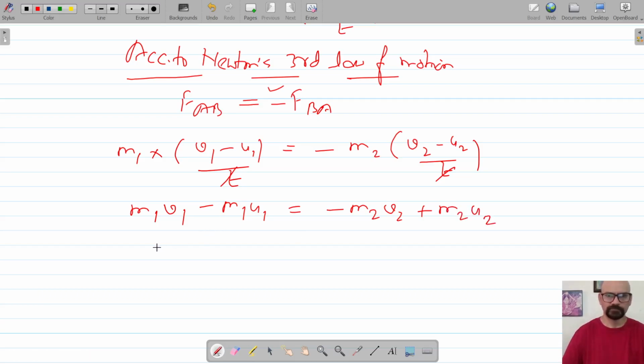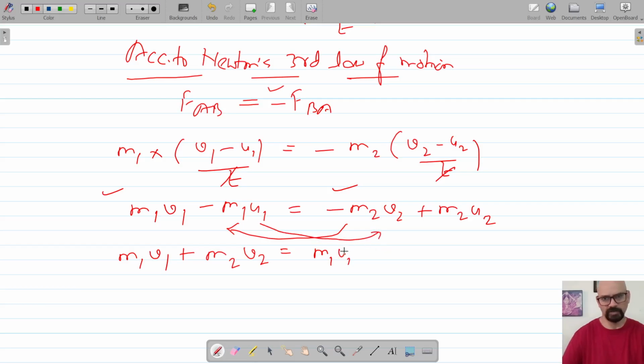Now let's get the final velocity terms on one side. So m1 v1 plus m2 v2 on the left, and I'm moving m1 u1 to the right-hand side, so m1 u1 plus m2 u2.